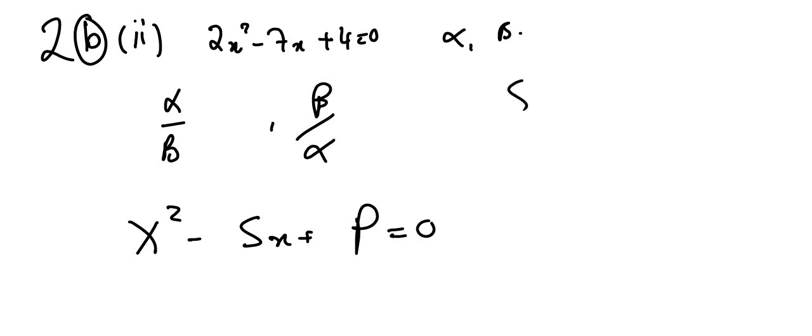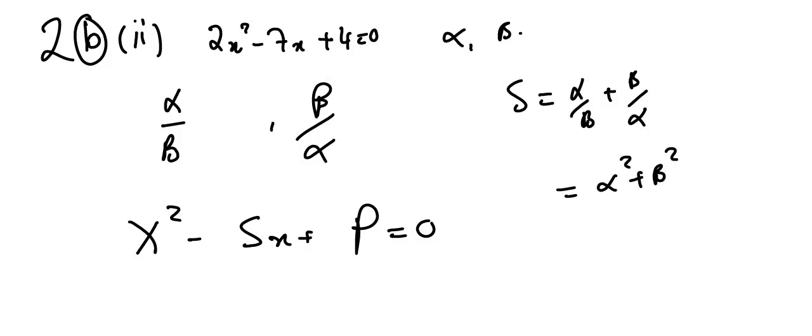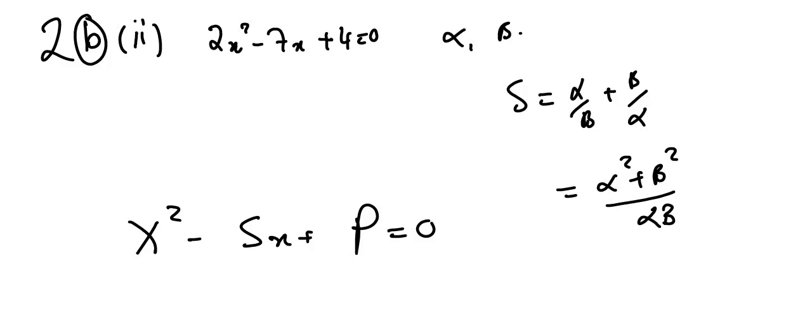Here we have to get the sum. The sum is always going to be alpha over beta plus beta over alpha. We are summing them up, which gives alpha squared plus beta squared over alpha times beta. And we should recall that the formula for alpha plus beta is negative b.